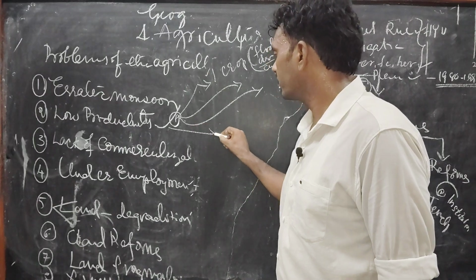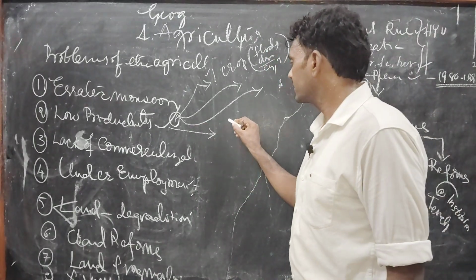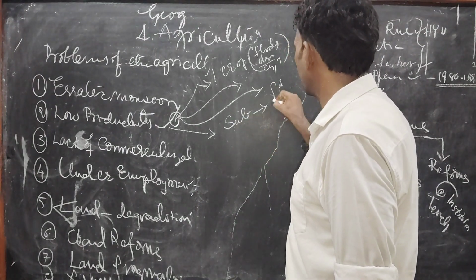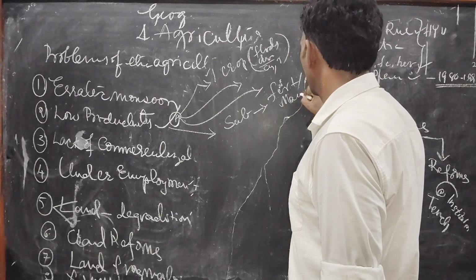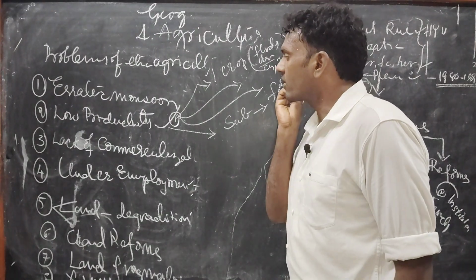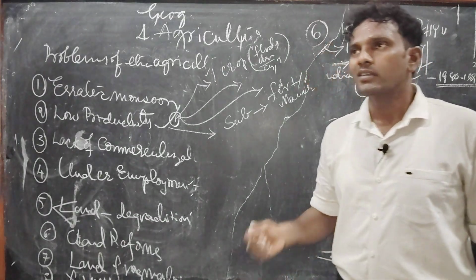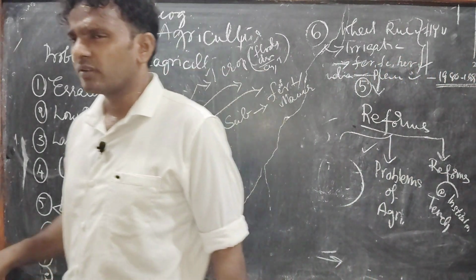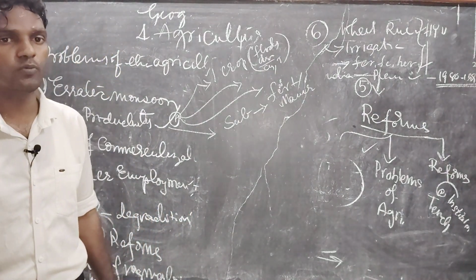And one more thing, low productivity. For this low productivity, what we are doing? We are giving subsidies for buying fertilizers and manure for the farmers. In AP we can see the Raitu Bharosa centers.